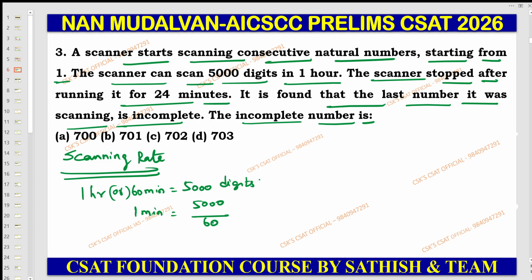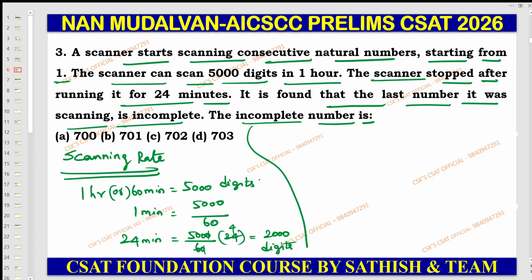Why am I calculating 1 minute? Because it works only for 24 minutes. So for those 24 minutes, how many digits did it scan? So 500 by 60 into 24. Now 10 I am cancelling. Then here 4 times 500 into 4 becomes 2000 digits.